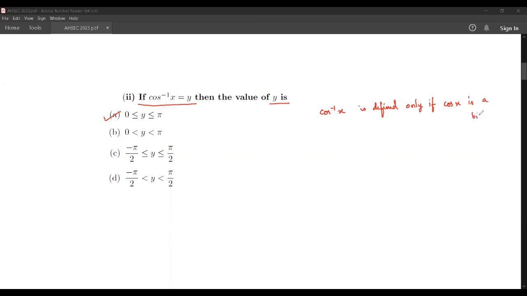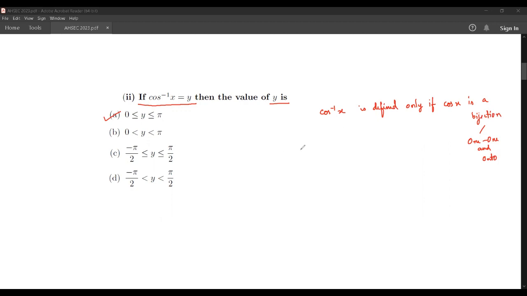It's a bijection, which means it is both 1-1 and onto. Because we know that the inverse of a function is defined only if the function is a bijection, that is, 1-1 and onto.